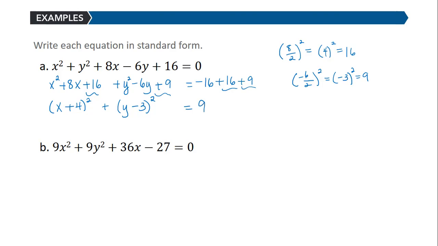So from the general form, I now have the standard form of that circle, and I know that the center is (h, k), which remember we have to take the opposite sign, so that's (negative 4, 3). And the radius is 3, because r squared is 9, which means that r is the square root of 9, or 3.